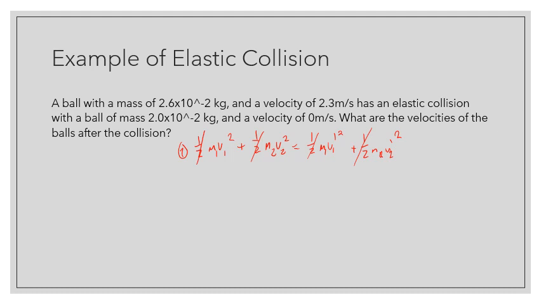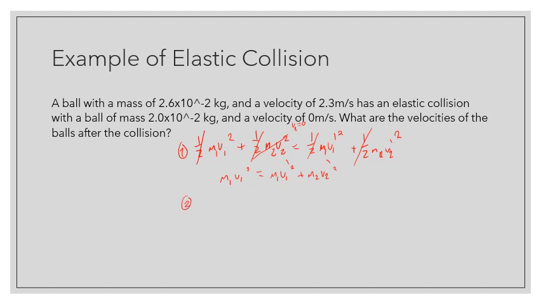So that comes out to be m1v1 squared, and the second term with m2v2 squared becomes 0 because v2 is equal to 0. So m1v1 squared is equal to m1v1 prime squared plus m2v2 prime squared. Be careful with the primes and your superscripts because you don't want to mix those two together.